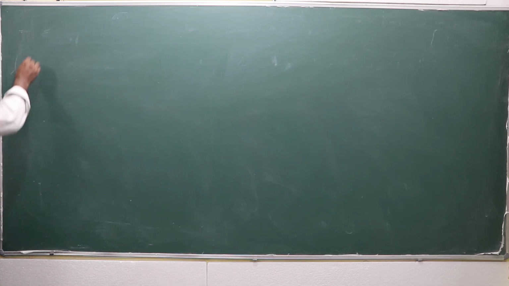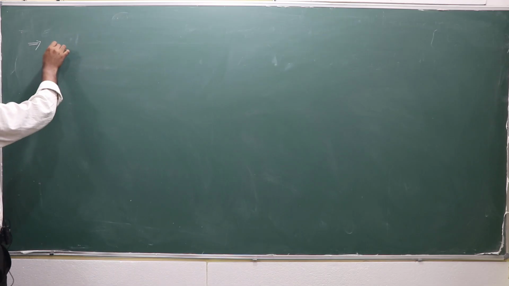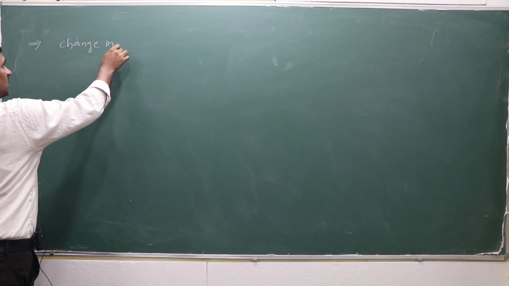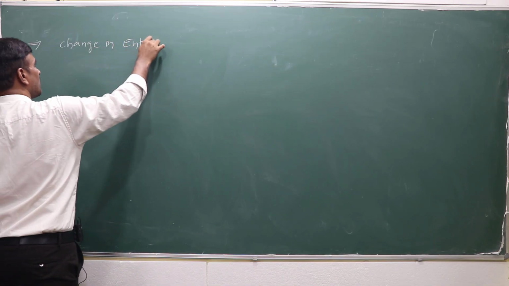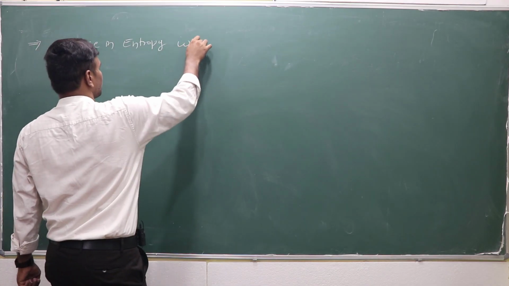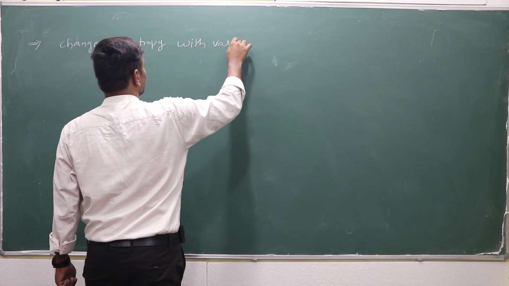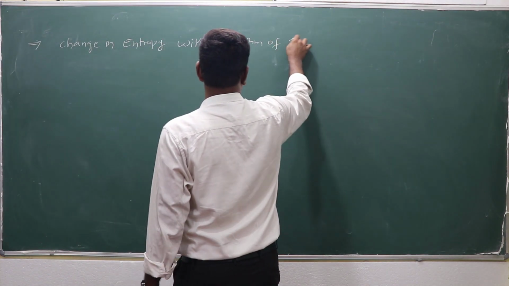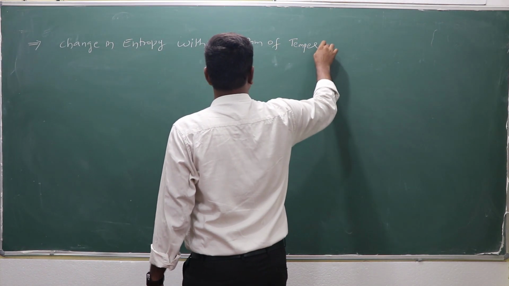Right? So another one: the variation of the entropy, or change in entropy, with variation of temperature and pressure.